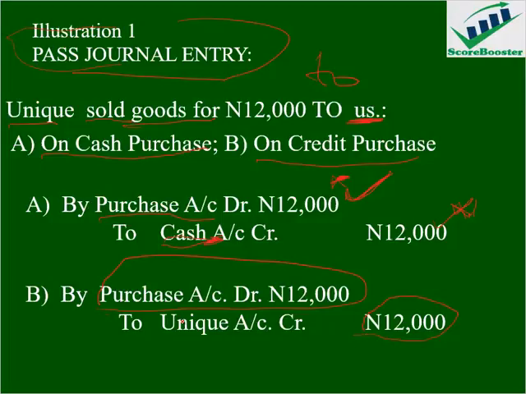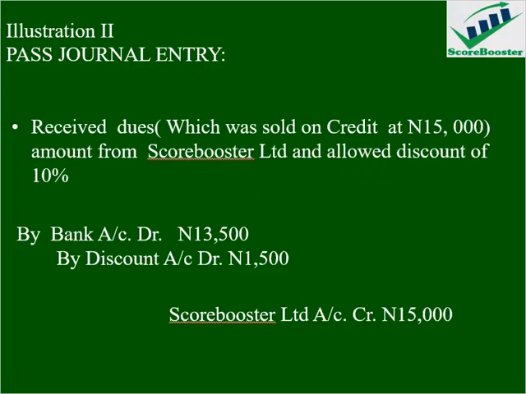So this is how the information will go gradually. Receive due: we receive a certain amount of money from Score Booster Limited. Maybe we already sold the goods to them, and Score Booster gives the money back to us.